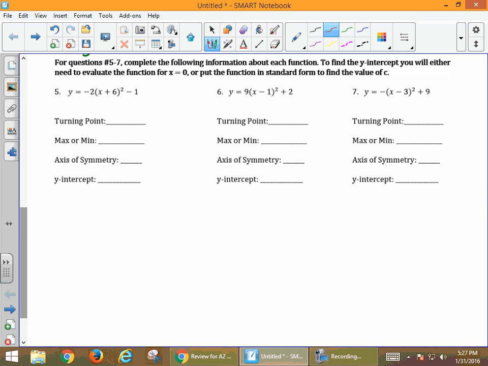So let's look at number 5. The turning point, we can also call this the vertex. When finding the vertex, we pull the number away from the x, you see in parentheses x plus 6. When I take it away from the parentheses, don't forget to change its sign. Negative 6, the number on the outside, negative 1.